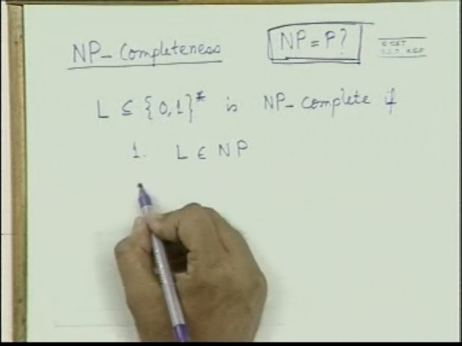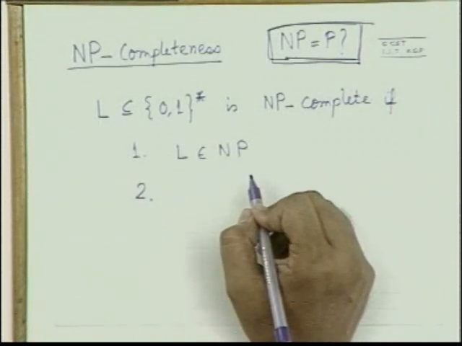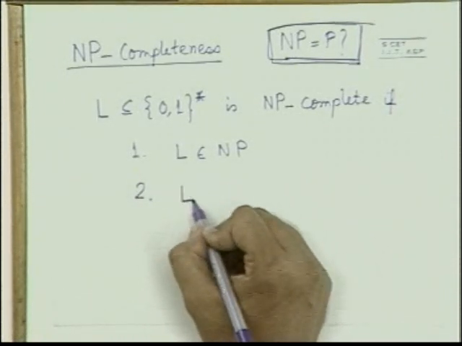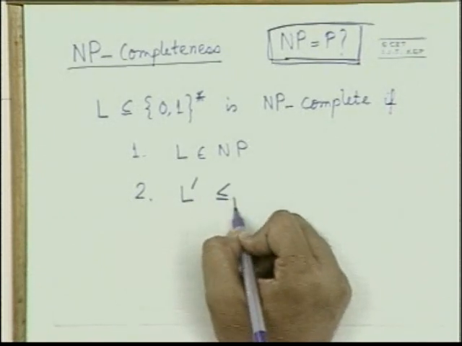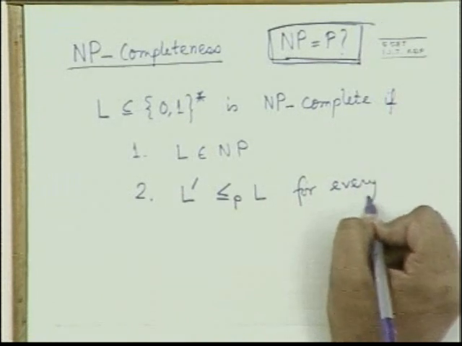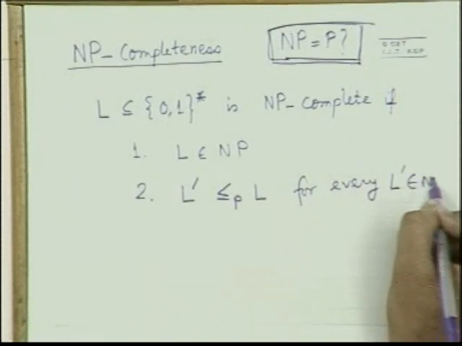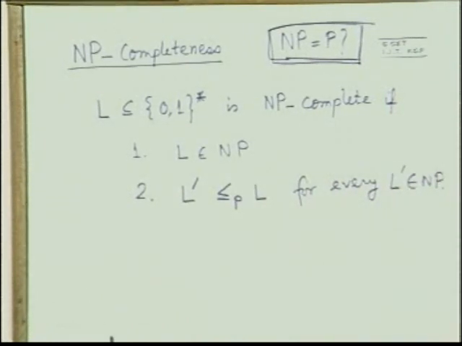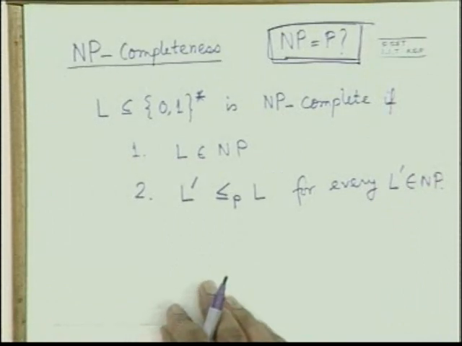L belongs to NP. Second, you have to show that L prime is polynomial time reducible to L for every L prime in NP. So this is the definition of an NP complete problem.